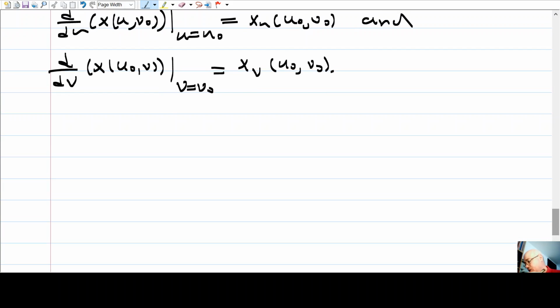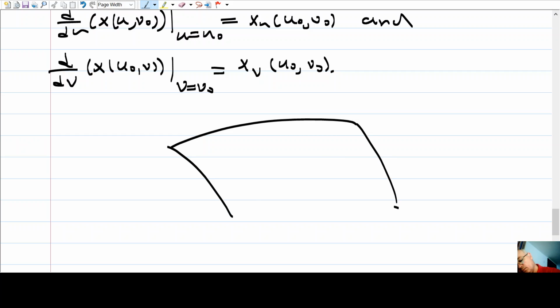So let me draw the picture. All right, so let me draw our curves and our velocity vectors.